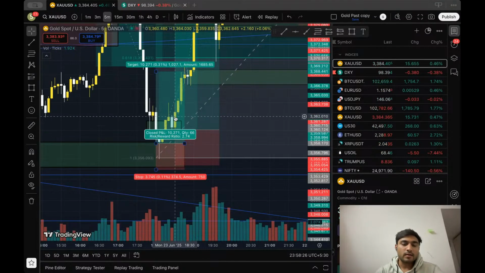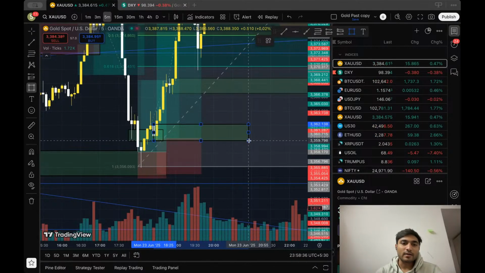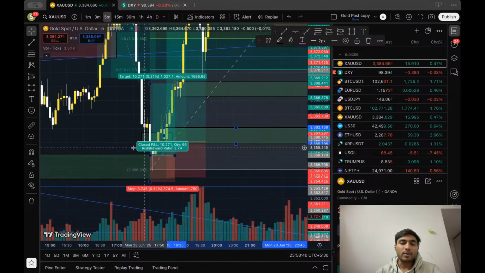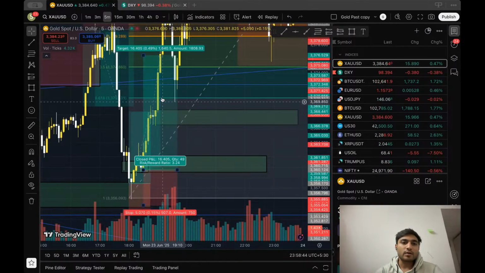Then, as fast as this became an order block, I knew this would not be touched anywhere near today. It'll have much bigger targets to the upside, and that is why I took this to this much.